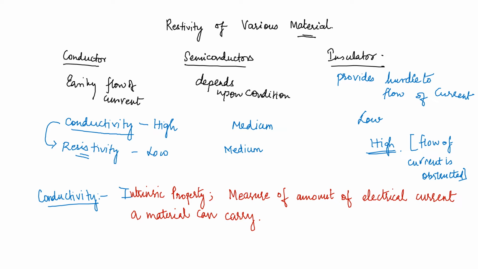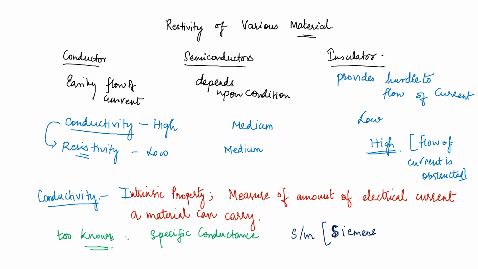This is also known as specific conductance, which is very important for us to know. Its SI unit is Siemens per meter.